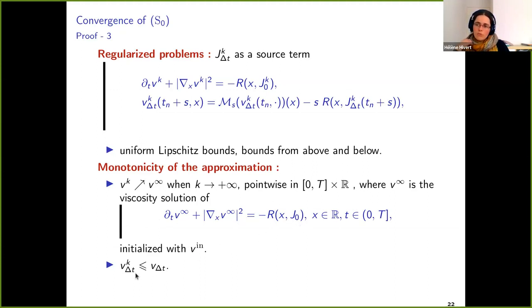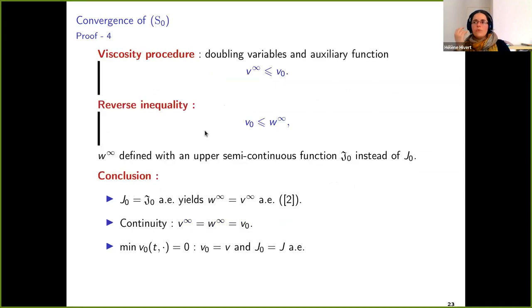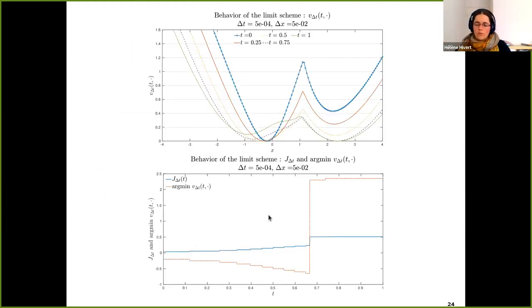And thanks also to the monotonicity of R and of the approximation, the following inequality holds. And at the end, you use a viscosity procedure: you have to double variables and use an auxiliary function. You obtain that this v infinity is smaller than v naught. You have to do exactly the same thing to get the reverse inequality, so v naught is smaller than w infinity, where w infinity is defined basically the same way, but you have to define j naught a bit differently.